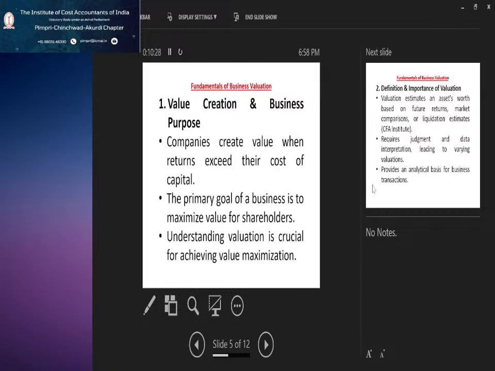When the returns, meaning the profits earned out of the business operations, exceed their cost of capital, the company creates value for itself. And in that case, the primary goal of a business is therefore to maximize value for shareholders who have invested in the capital of the company. Therefore, understanding valuation is very crucial for achieving value maximization.